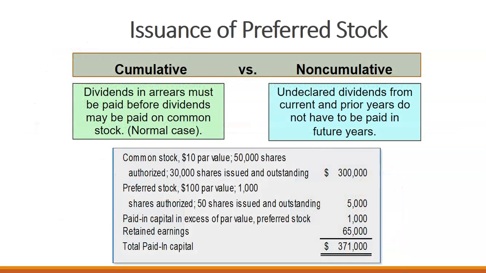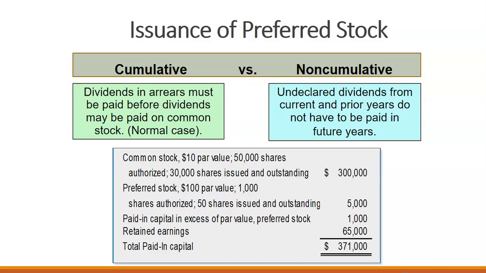We can have cumulative preferred stock or non-cumulative preferred stock. If we have cumulative preferred stock, that means their dividends collect every year in an account called dividends in arrears until we pay them out in cash.